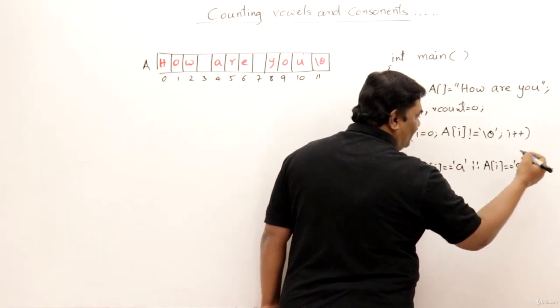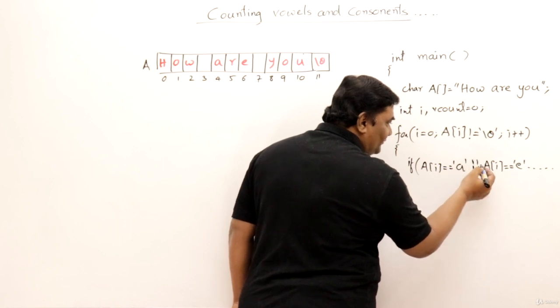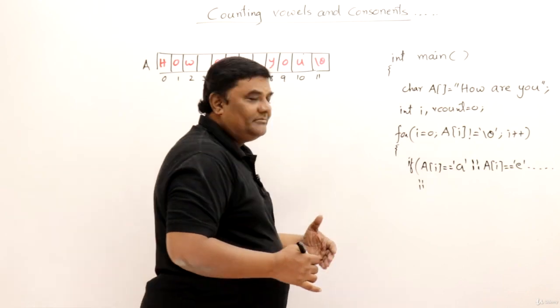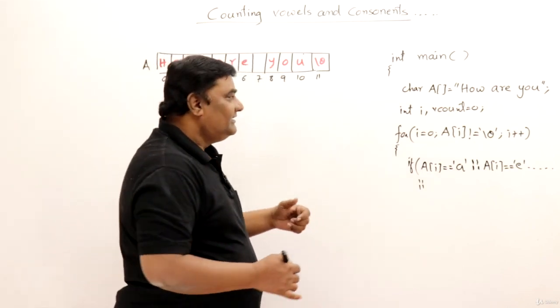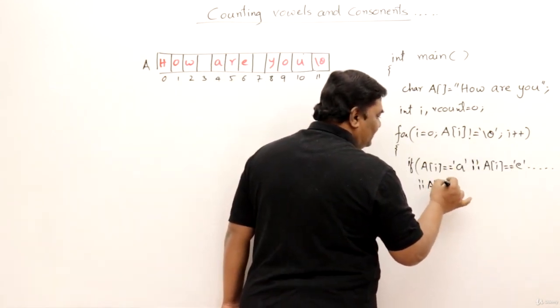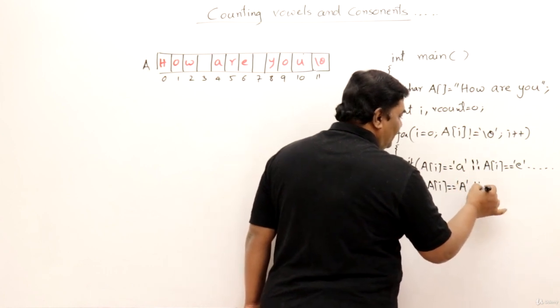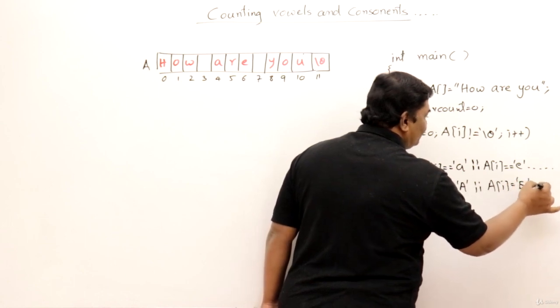Same way I should write for all. Between these two conditions I am using or. So be careful of this one. Or means it's a or e or i, right? You can write in capitals, and for capital letters also I should take it, right? Capital A or E or so on.